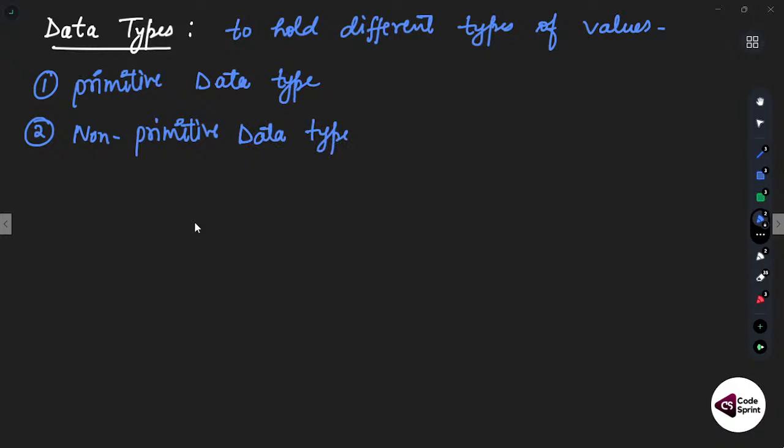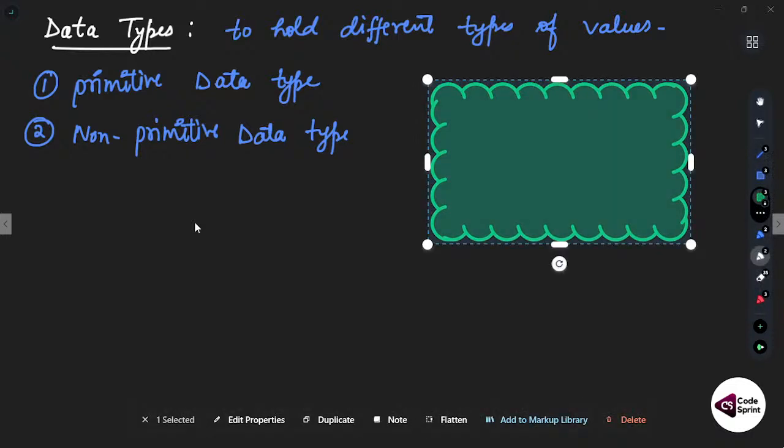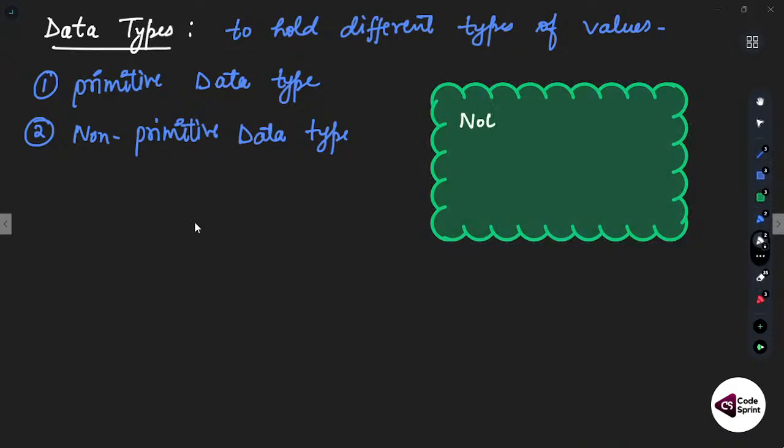So if we talk about the primitive, before that I need to tell one more thing, that JavaScript is a dynamic type language. Let's make a note here. Note, JavaScript is a dynamic type language.